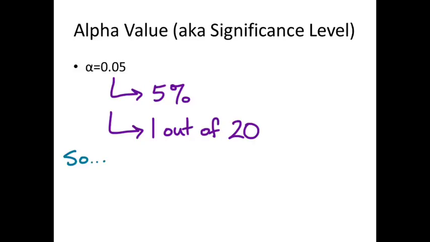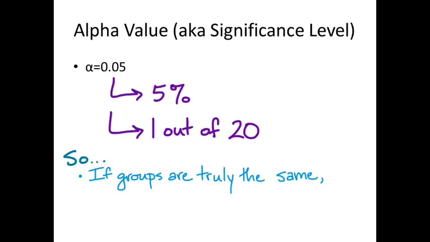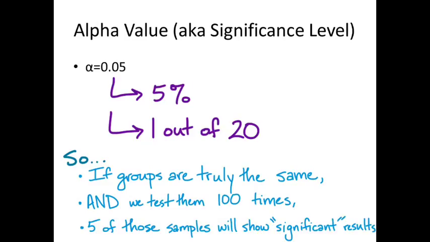What we're saying is that if we had two truly identical groups, like our null hypothesis states, and we run an experiment, say we run it 100 times, then we'd only see results meet the significance level simply by chance brought about by random sampling in 5 out of 100 of those experiments. So you could think of a coin.